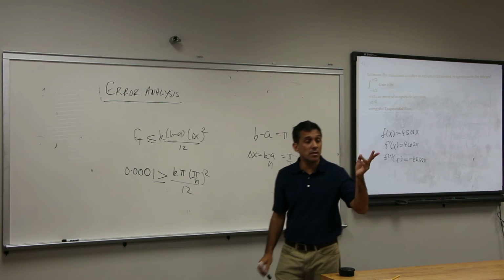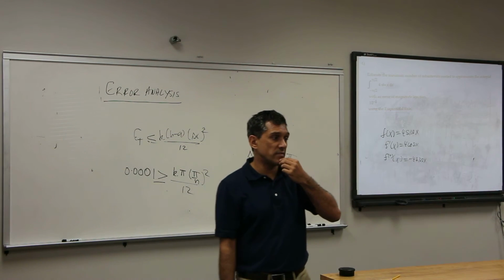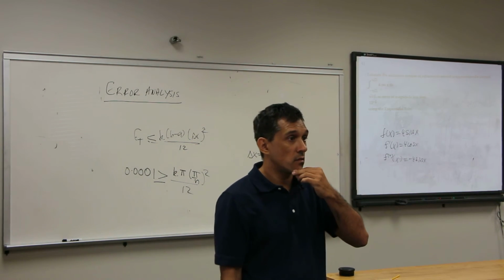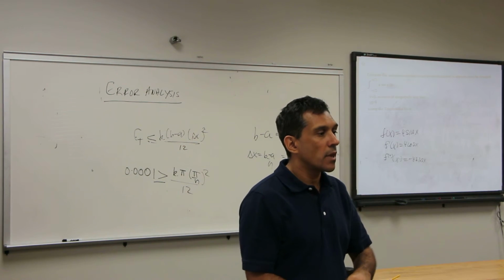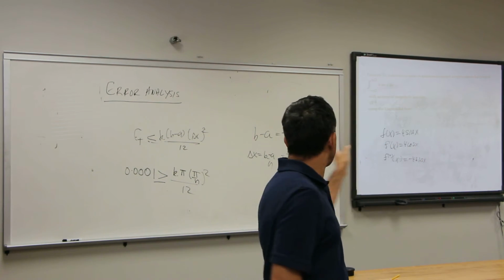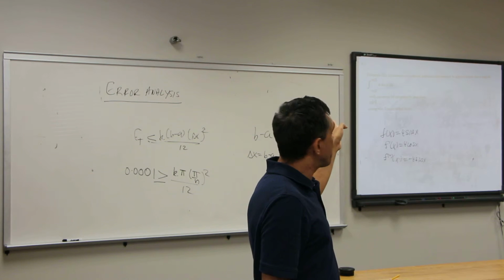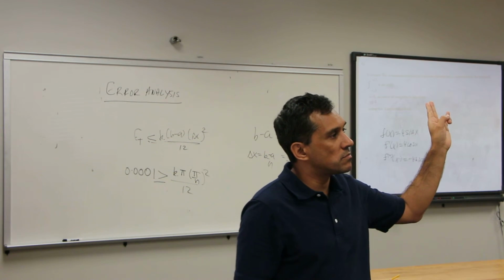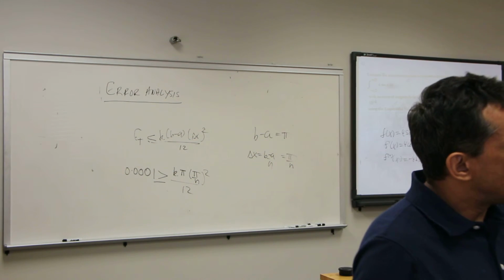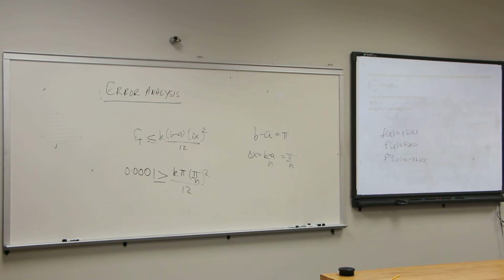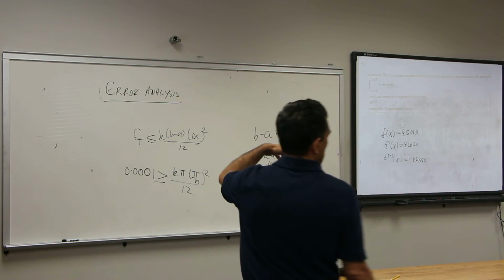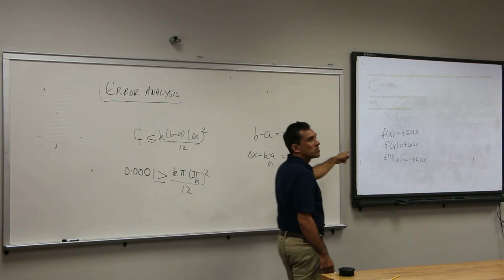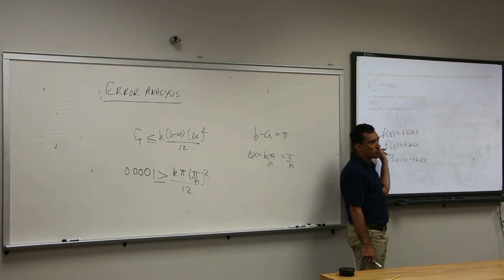And with the trapezoidal rule, I only need the second derivative. I want to look at the second derivative between negative pi over 2 and pi over 2. But I know that sine x is always between 1 and minus 1. So this, in absolute value, is less than or equal to 4.